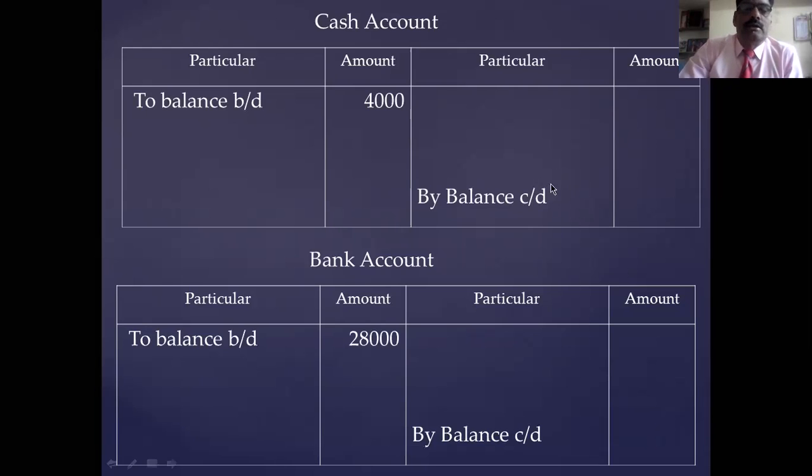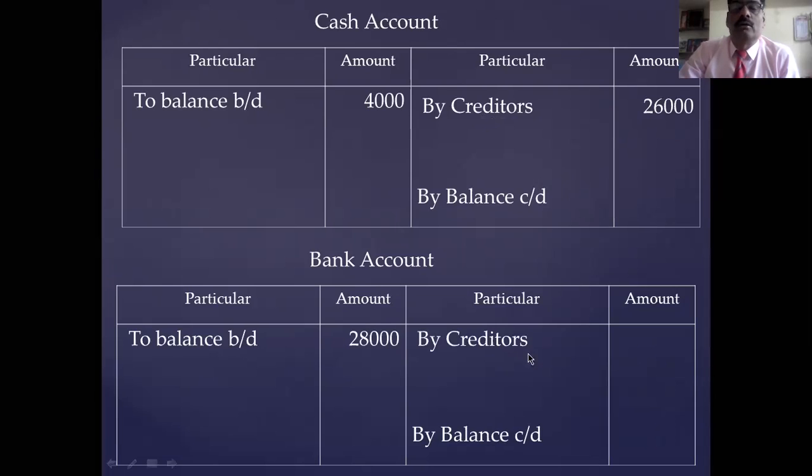Cash paid to creditors are there. So payment side by creditor. 26,000 is paid in the form of cash. Okay, so I take it in the cash account. And 1,55,000 paid by check comes in the bank account. By creditor 1,55,000. Clear?